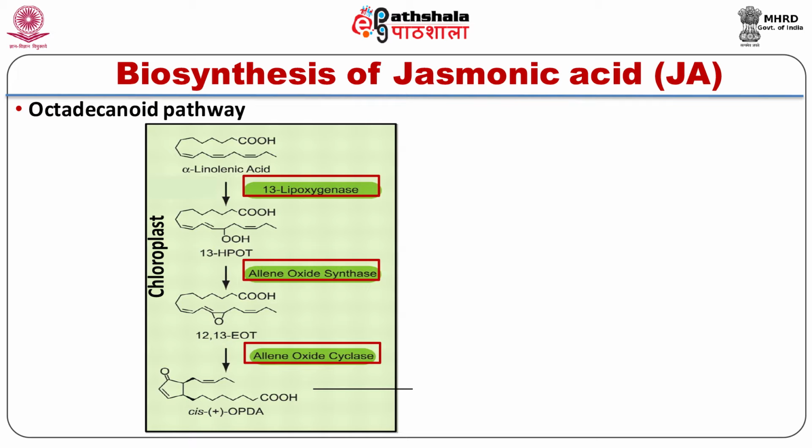Linolenic acid is further oxygenated by a specific lipoxygenase to form 13-hydroperoxy octadecatrienoic acid, abbreviated as 13-HPOT. The 13-HPOT is subsequently cyclized to yield 12-oxophytodienoic acid, that is OPDA, by the enzymes allene oxide synthase and allene oxide cyclase respectively.